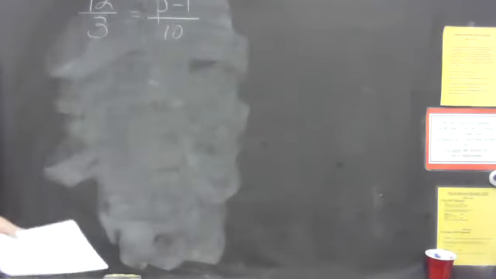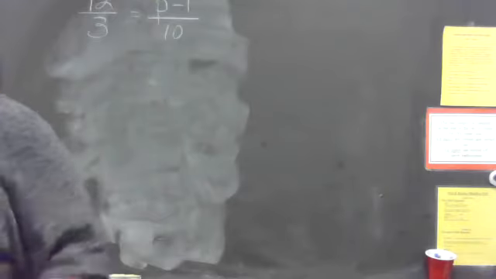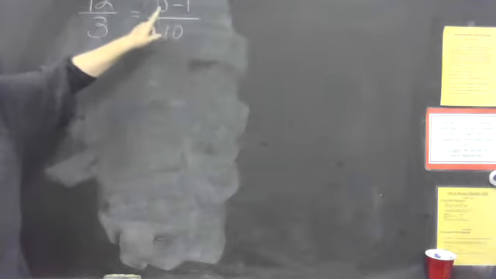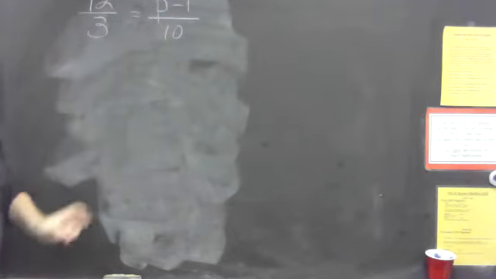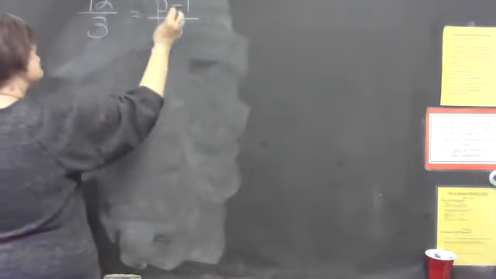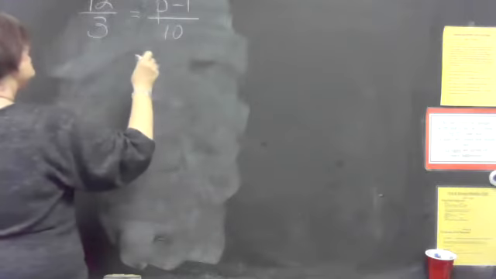Now, the first question you always ask yourself before you start to solve this is, is it really a proportion? A proportion is defined as one fraction equal to one fraction. Even though we have the extra stuff, it's all in one part of the fraction, right? So is this a proportion? Yes. It is, yes, because we have a bunch of stuff, but it's just in one place on the fraction.